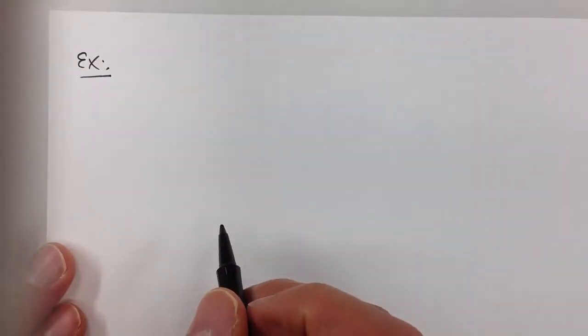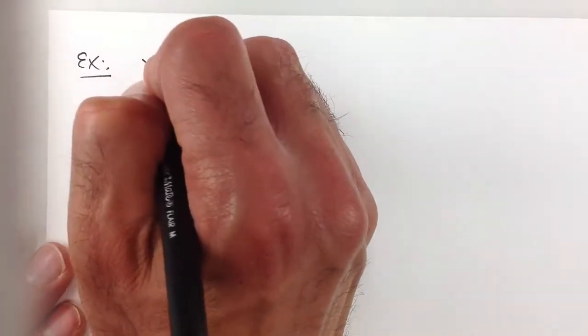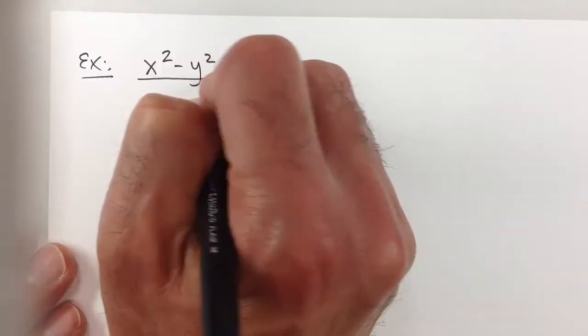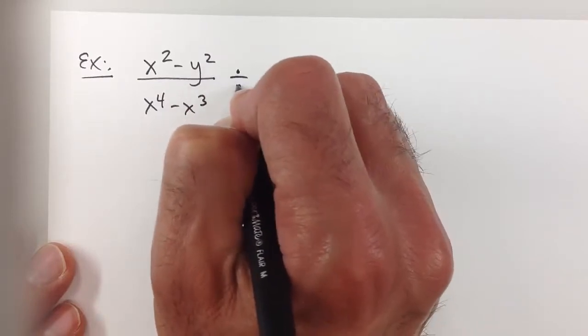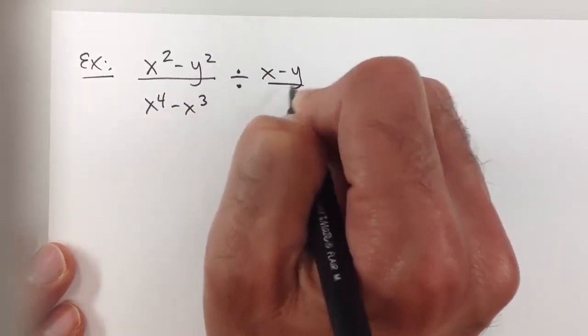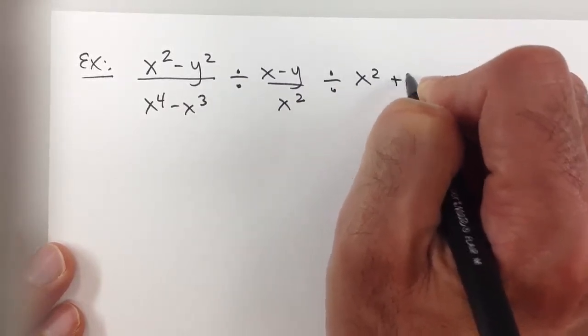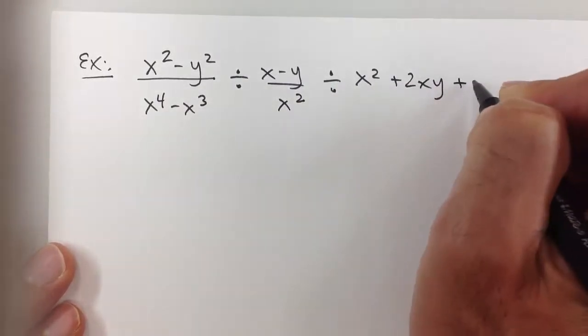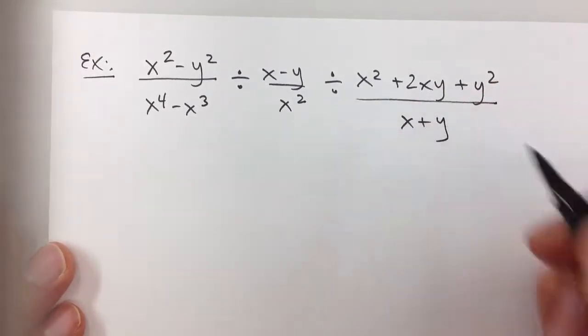Lastly, I'd like to do one more example of dividing or multiplying these rational expressions, and here it is. Let's say we had x squared minus y squared all over x to the 4th minus x cubed divided by x minus y over x squared divided by x squared plus 2xy plus y squared all over x plus y.